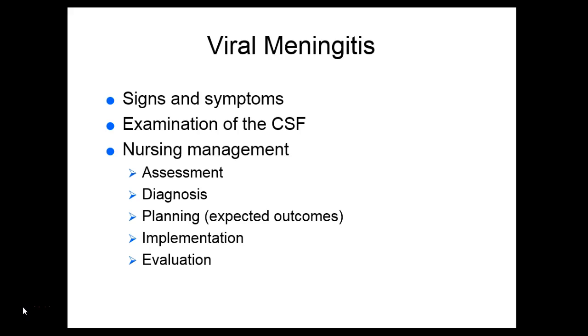The CSF is examined via lumbar puncture to confirm the diagnosis. A complete blood cell count also is done, and you'll see an increase in the lymphocyte count. The disease itself is pretty self-limiting, and treatment is basically trying to manage symptoms. Full recovery typically takes 7 to 10 days. Some of the residual effects are persistent headache, mild mental impairment, and lack of coordination.